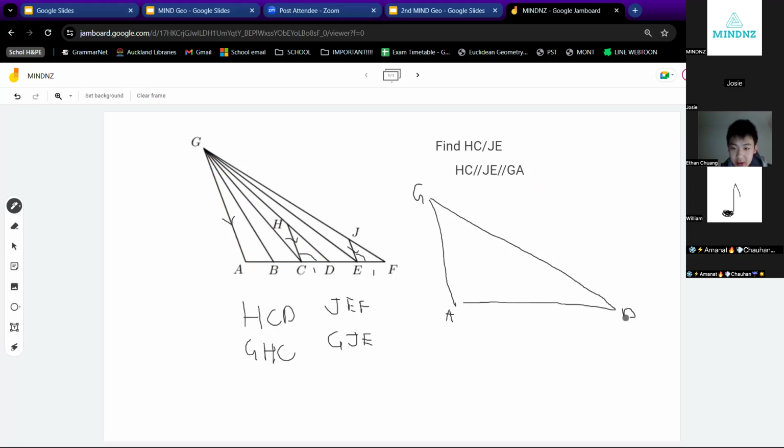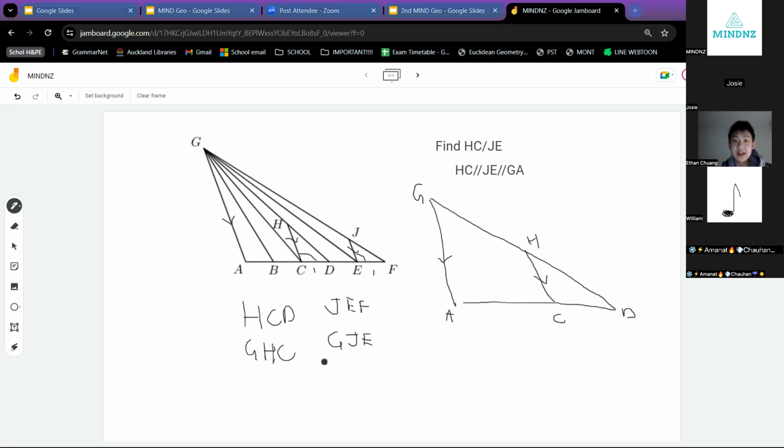If I have my triangle GAD here, and I have my point C, and I draw this parallel line up such that these two lines are parallel, so this is H. What can you guys tell me about this diagram? Yeah, GAD and HCD are similar, because these two lines are parallel, so all the angles are equal.